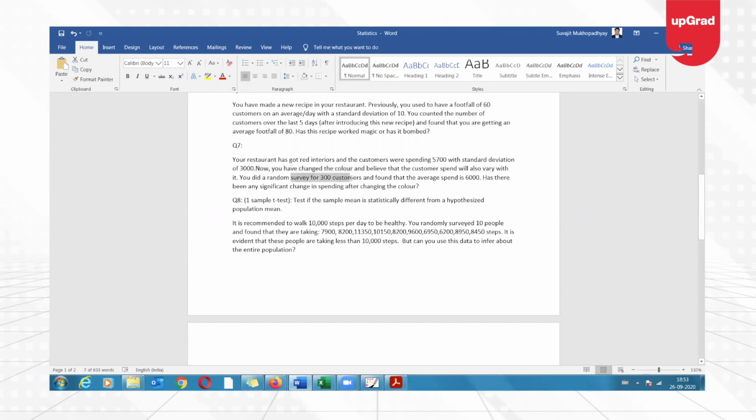So you randomly surveyed the spend of 300 customers and found that their average spend is 6,000 rupees. The question we need to answer is, did this change of colors have any significant impact on spending by the customer?